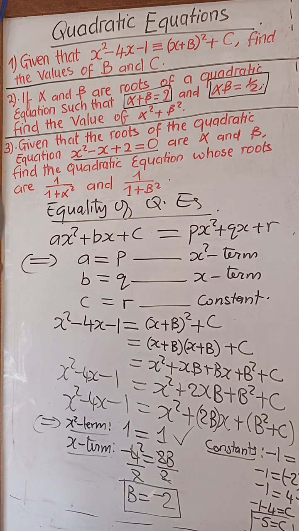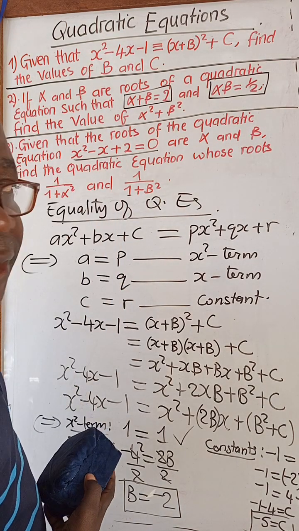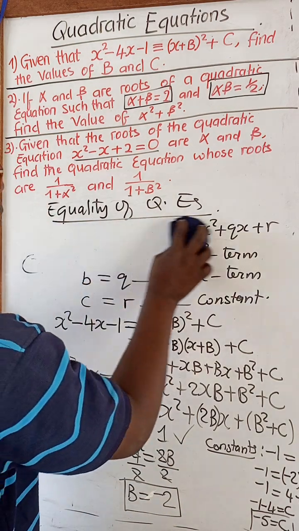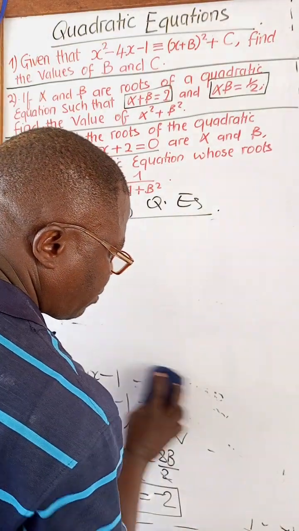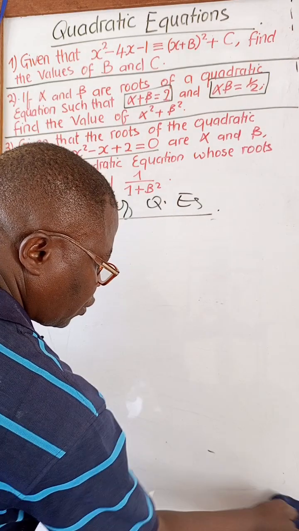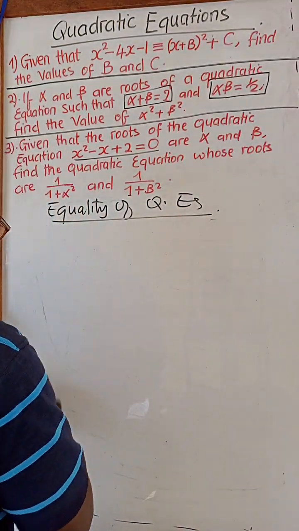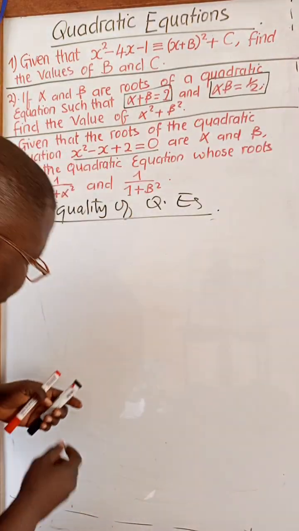To be able to solve the second equation, we need to take the next notion about quadratic equations. The next notion about quadratic equations will be the notion of the relationship between the coefficients and the roots of any given quadratic equation.